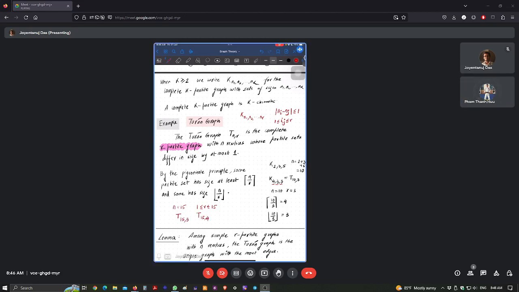These two things are different, not the same. But both exist. T15 comma 3 is nothing but K5 comma 5 comma 5, right?